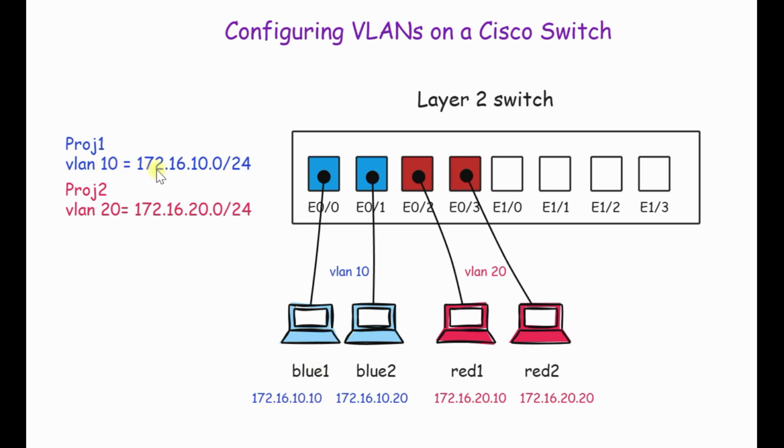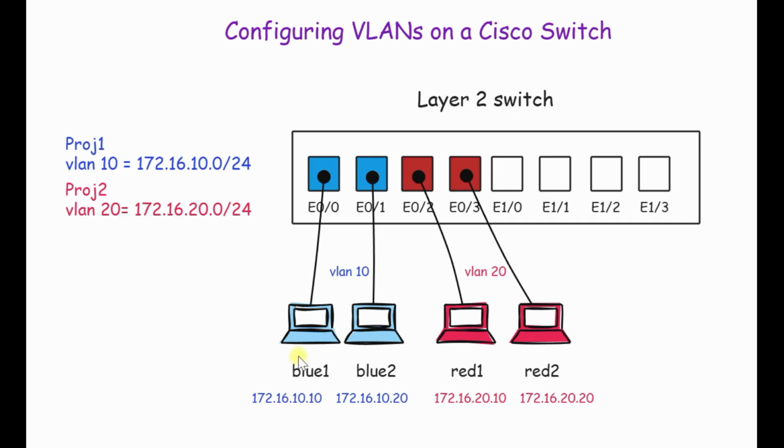For VLAN 10, we'll give them static IP addresses 172.16.10.0/24, and VLAN 20 is 172.16.20.0. These IPs are manually configured on the machines. They are not configured in the Cisco switch because this is just acting as a layer 2.